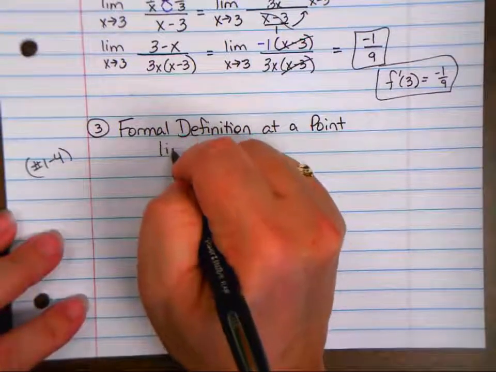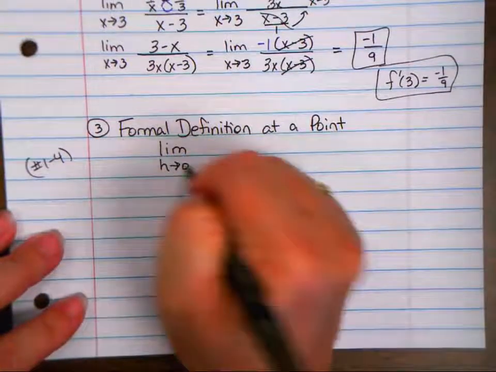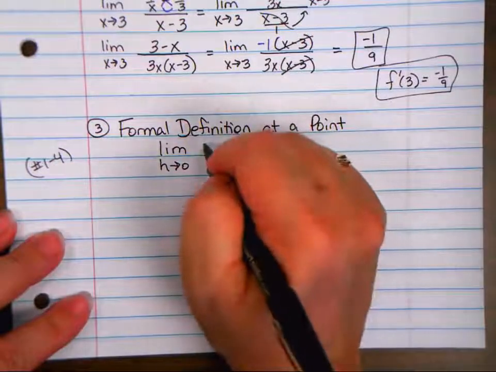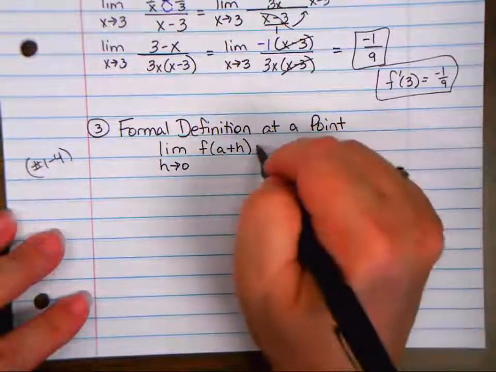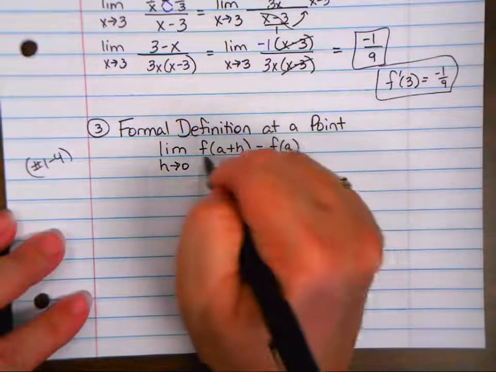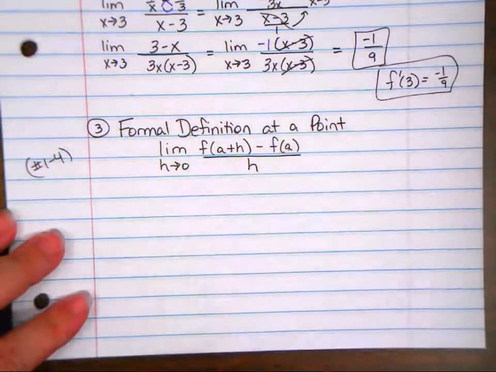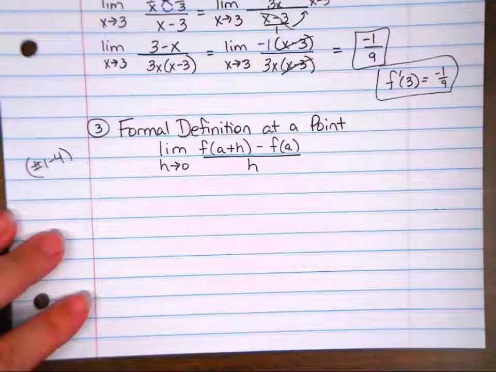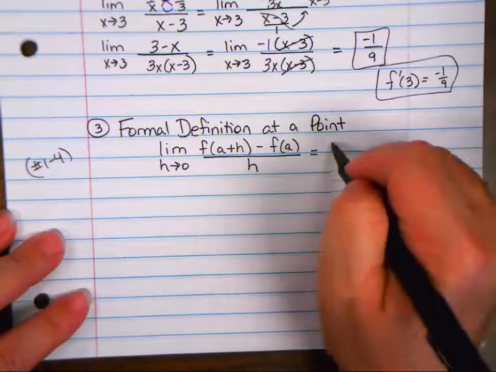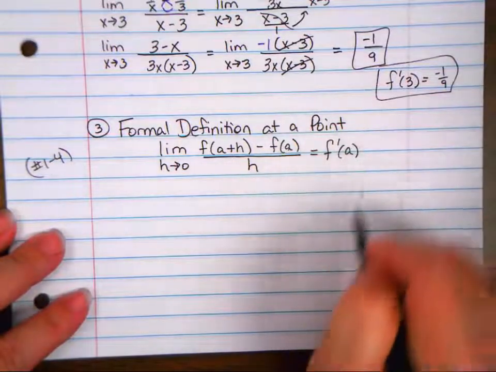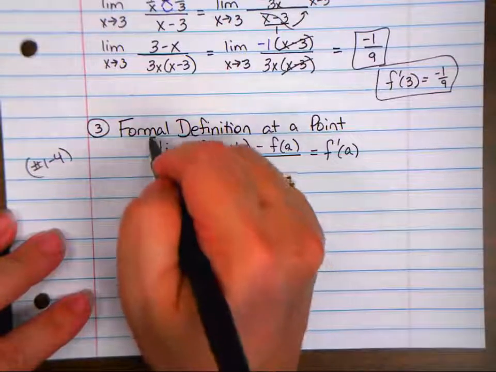It is the limit as h approaches 0 of f of a plus h minus f of a all over h, and it equals f prime of a. Not f prime of x, f prime of a.